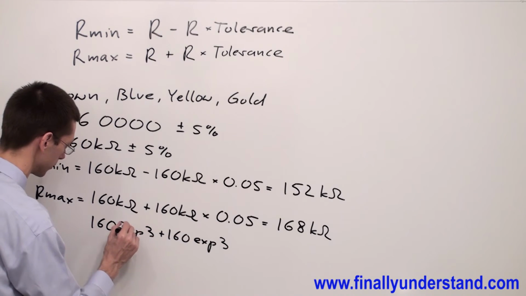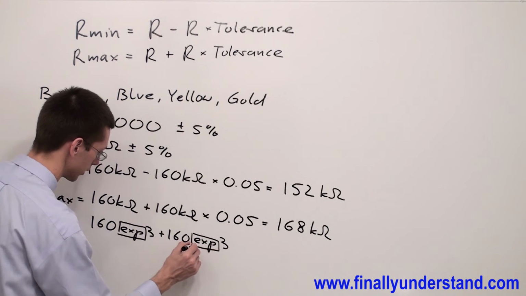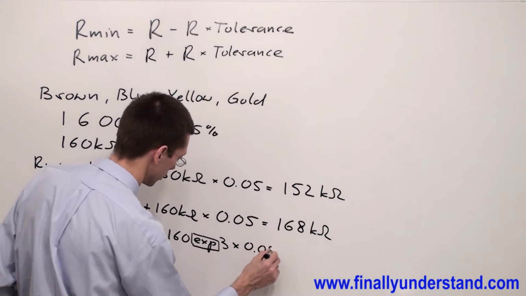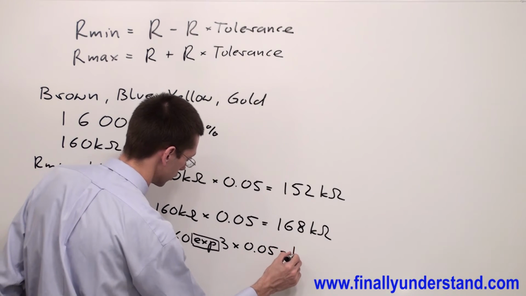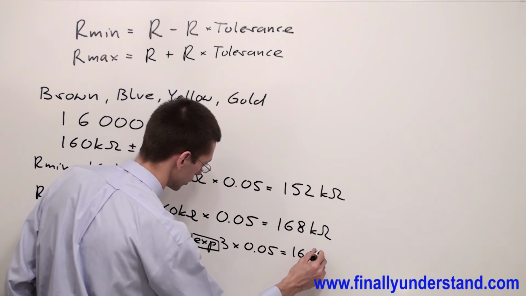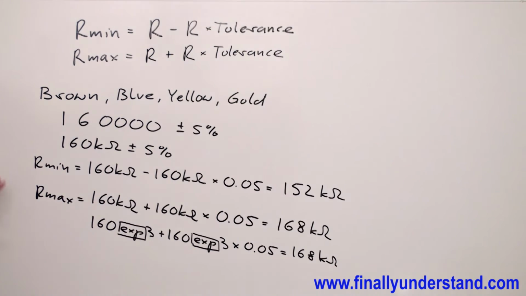Remember, this is the key, special key on your scientific calculator, times 0.05. It's supposed to give you 168 times 10 to the third, which is kilo ohms. So this is the solution to this problem.